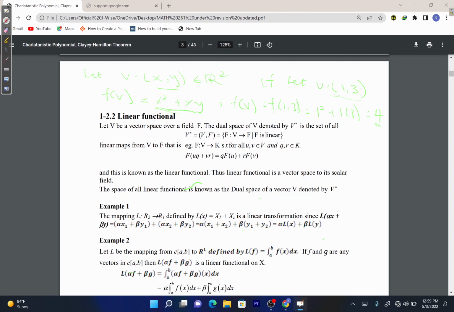A linear functional maps a vector space to its scalar field.